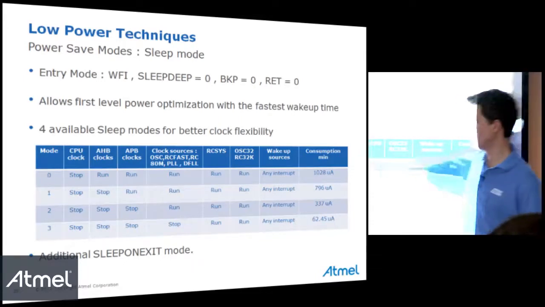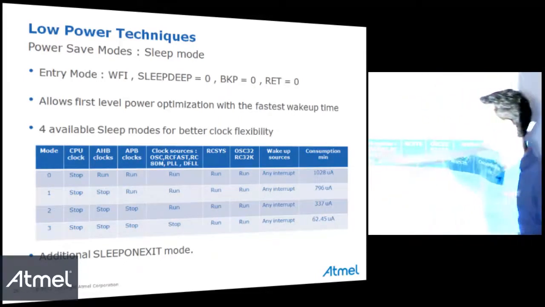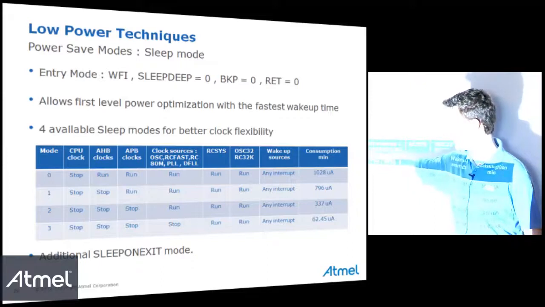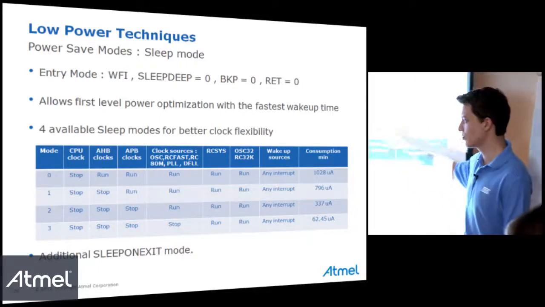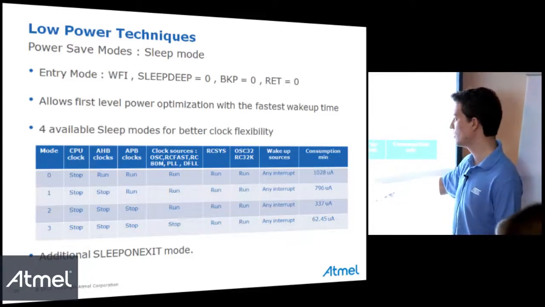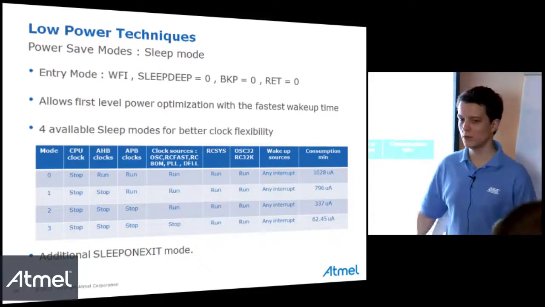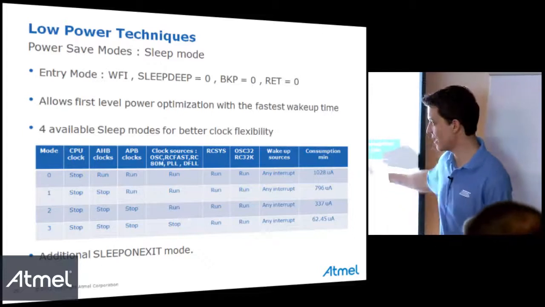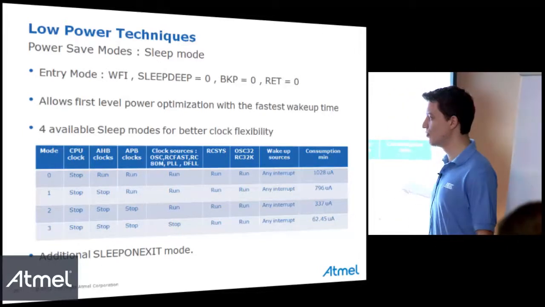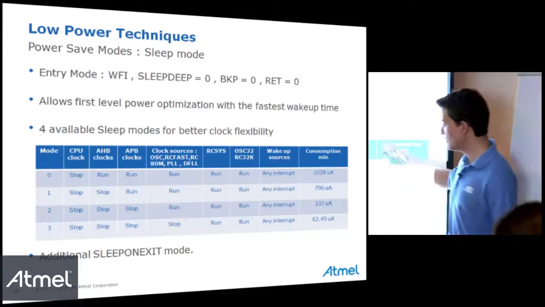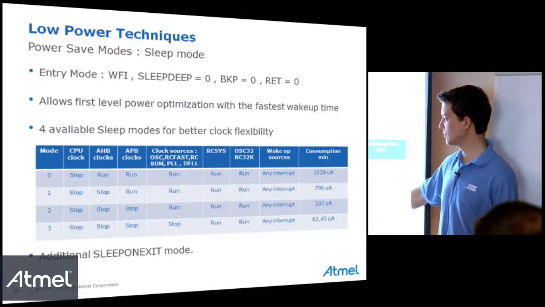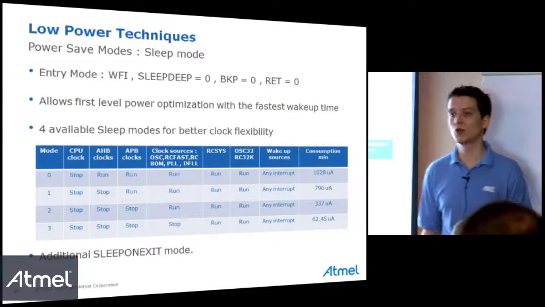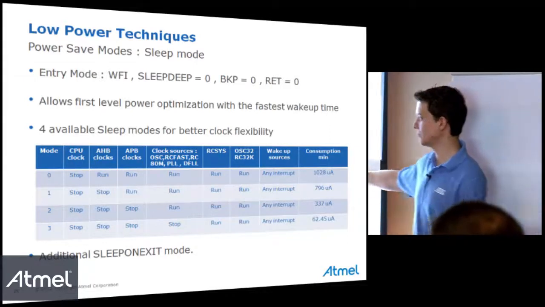Then, depending on the mode, you will have the system clock on, the peripheral bridge clock on, or other clock sources running or stopped. Then it's up to you in your application to select which mode you want to use. What you need to know here is that in sleep mode the core is woken up by any interrupt.